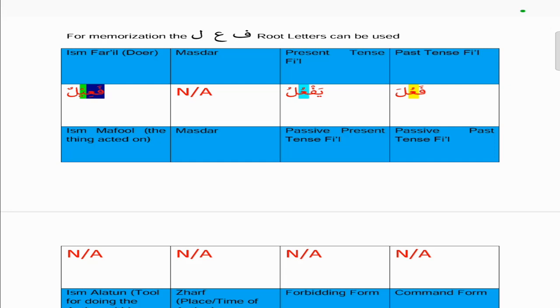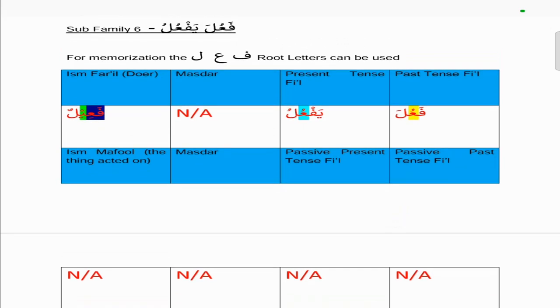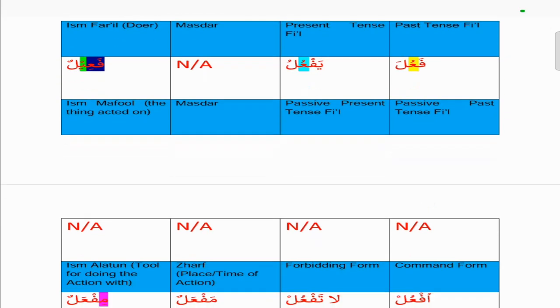It does depend on the 3 root letters that are used, but generally speaking they do. But in subfamily 6, it's fully lazim, meaning they don't have a passive version. That's why the whole passive line is not applicable, including the ism maf'ul, because the ism maf'ul is part of the passive.